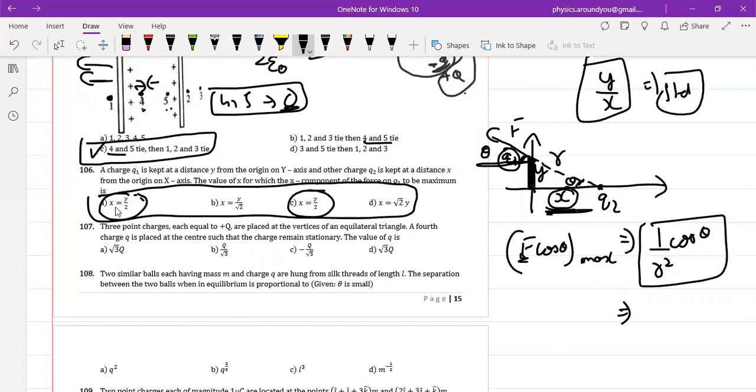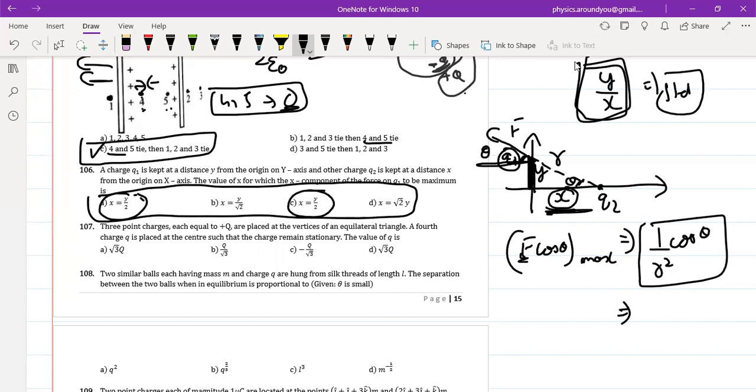From the first option, y by x will be 2. Second option, y by x will be root 2. Fourth option, y by x will be 1 by root 2. So if I somehow find out the y by x quantity, then I can find the correct answer.